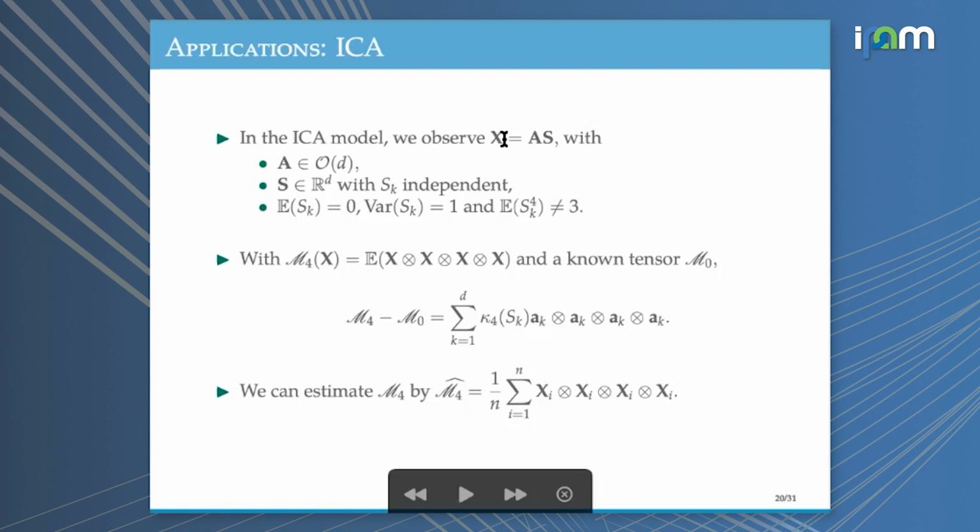But nonetheless, without introducing too much notation, let's just say we're interested in the fourth order moment, that is the expectation of the fourth moment of this random vector X. You look at the ijkl entry of this fourth order moment, and with a little bit of calculation it is dominated by terms involving all these a_k, and kappa_k is the kurtosis, the fourth order moment, of the k-th component of your signal.